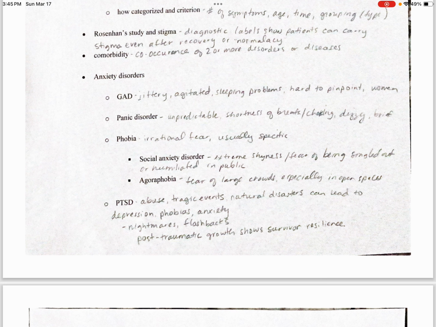We treat depression differently than we treat, say, phobias or anxiety. And so understanding what takes precedence, is it the depression or is it the anxiety for the person? PTSD is categorized as an anxiety disorder, but oftentimes people are very depressed as an underlying disorder resulting from that tragic event or that abuse, whatever it might be.